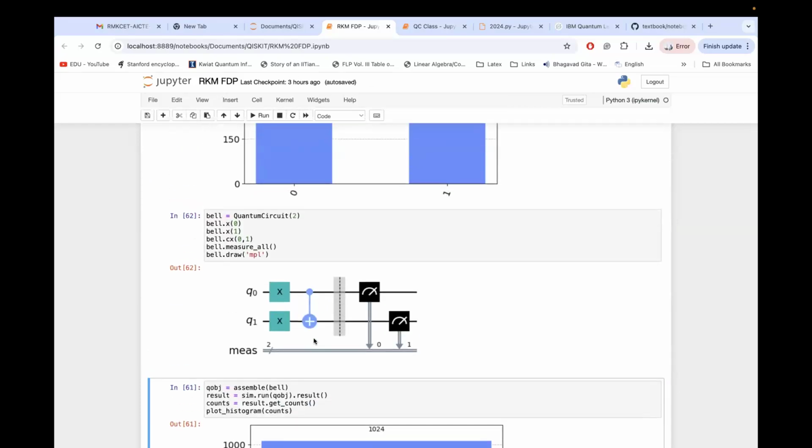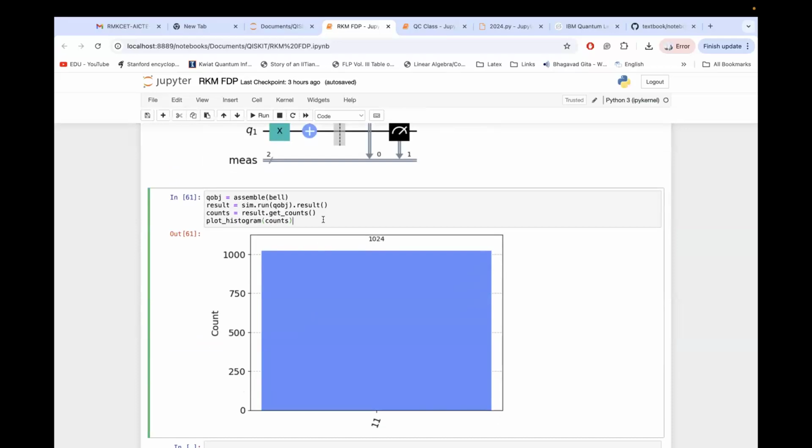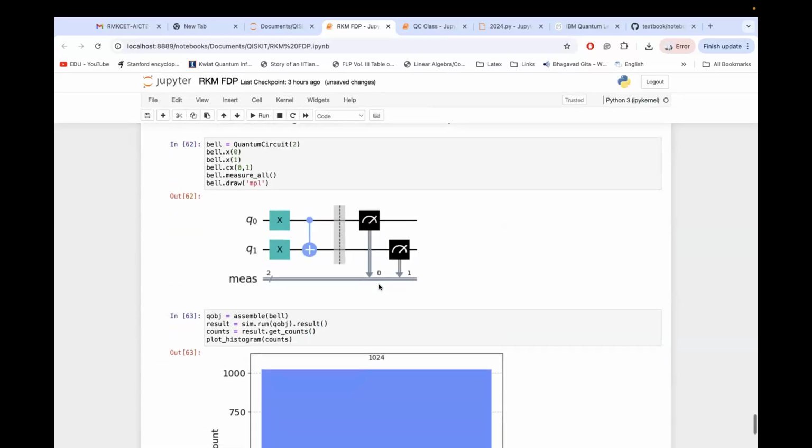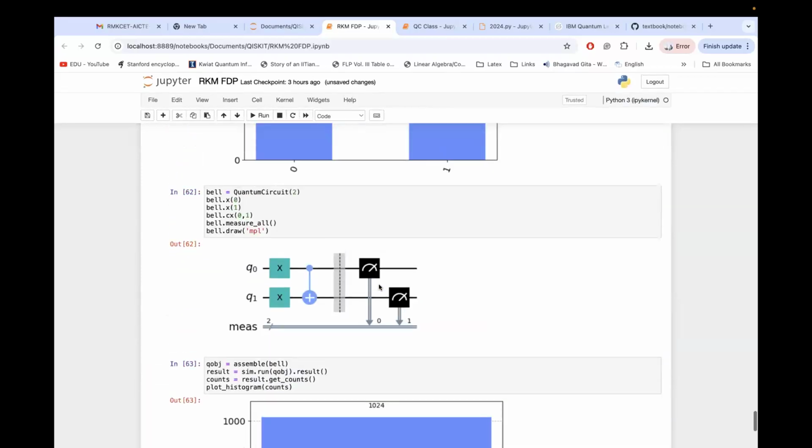Since the control qubit is in the 1 state, the target will be flipped. So if you are sending 1, 1 to this CNOT gate, this becomes 1, 0. So that you can visualize here. That's it. So this is how the CNOT gate works.